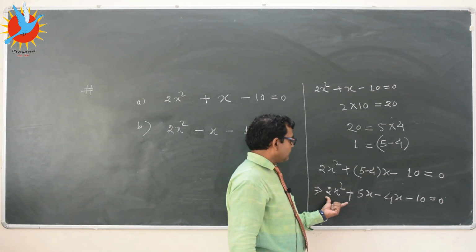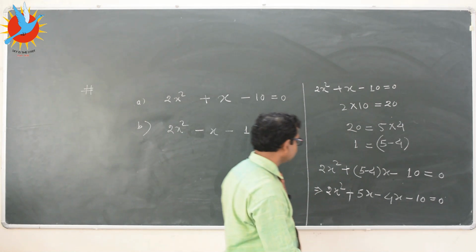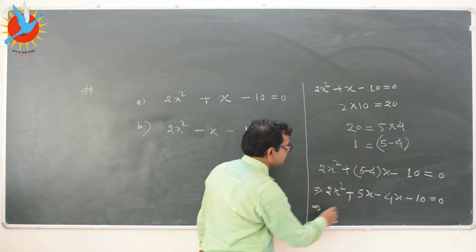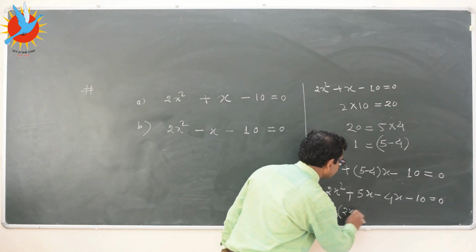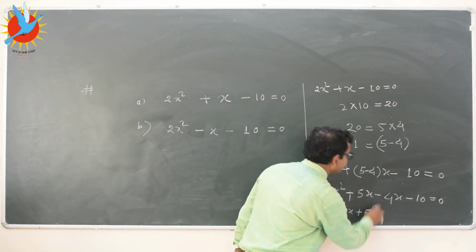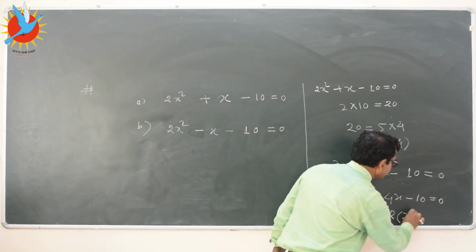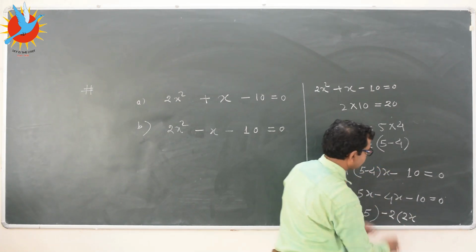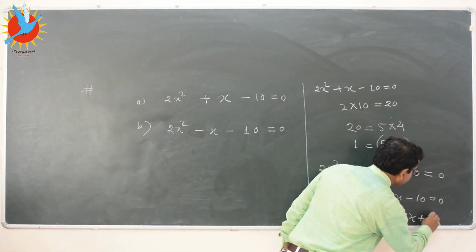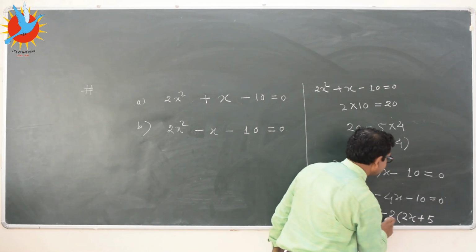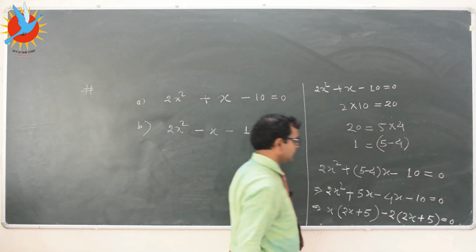See, what is common in the first two terms and the next two terms? Common here is only x, so we have 2x plus 5, and take minus 2 common, we have 2x, and we have taken minus sign, therefore the sign will be plus, and 2 fives are 10, this will become 0.